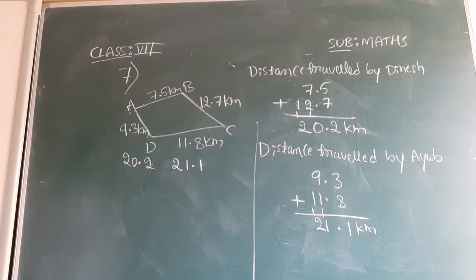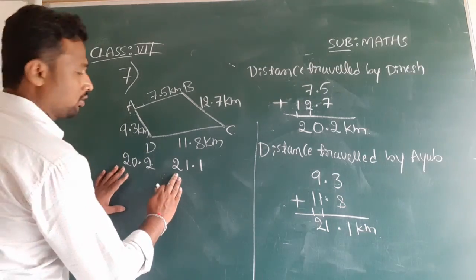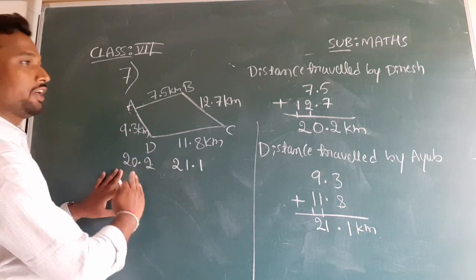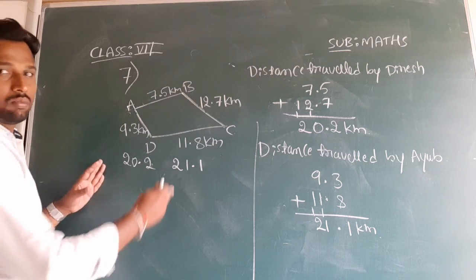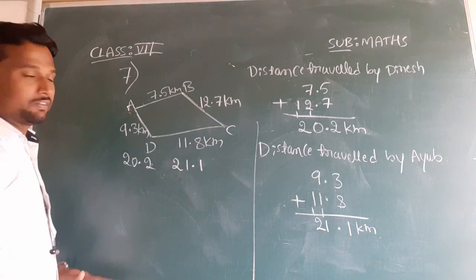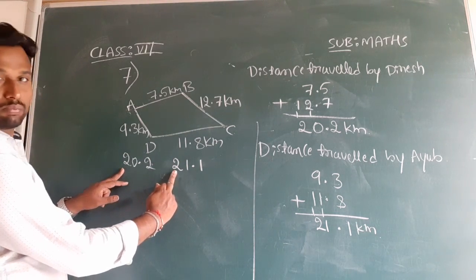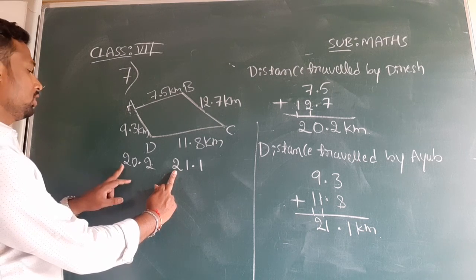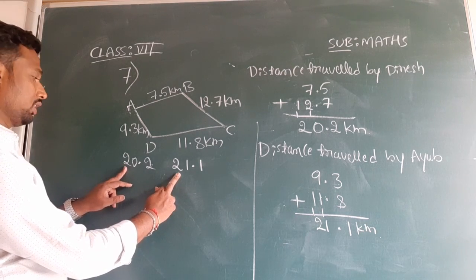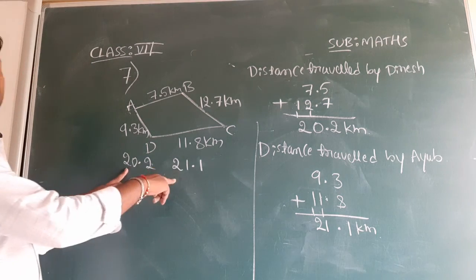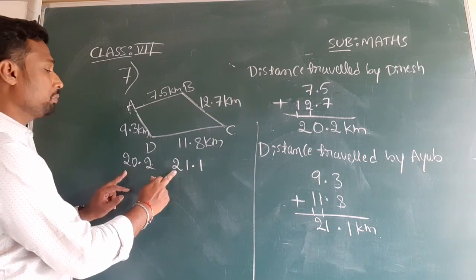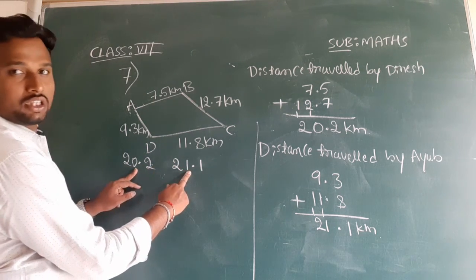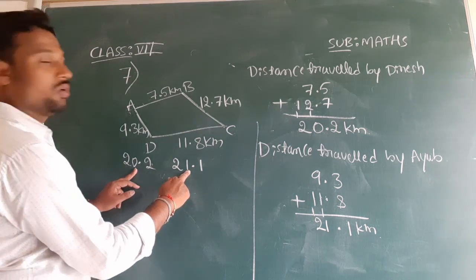If you compare these two values, you have to compare from left to right, from the leftmost value to the right values. So here in the first position we have 2. In both the values we have 2 only. So now we will compare the next digit. We will move one step towards the right side. So here we have 0 and here we have 1.